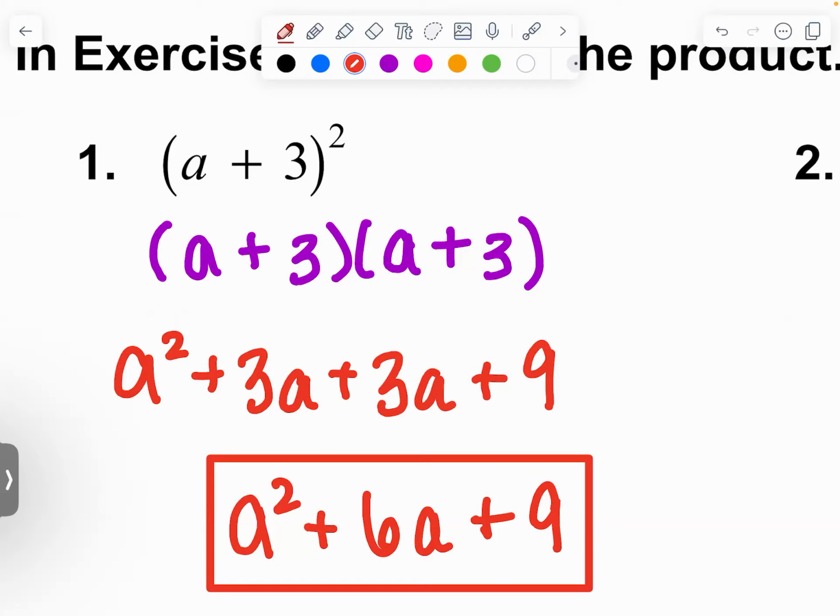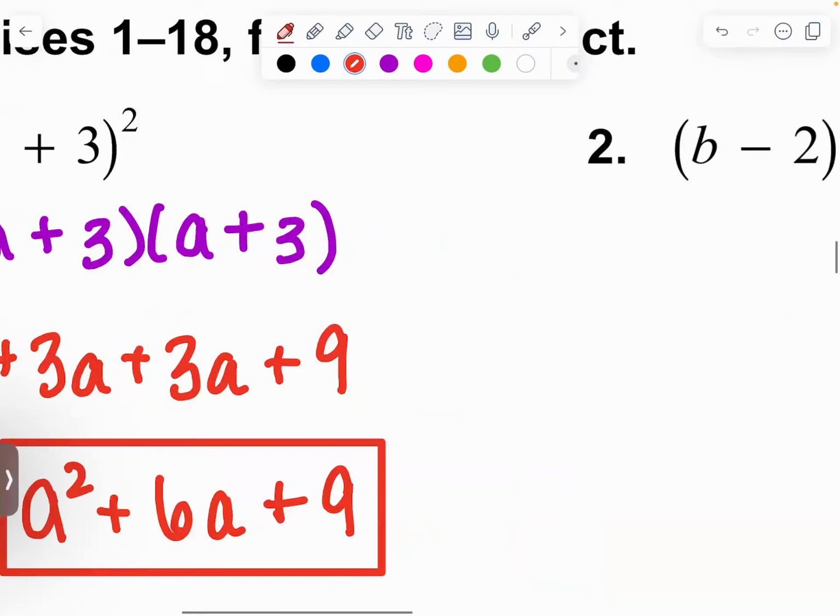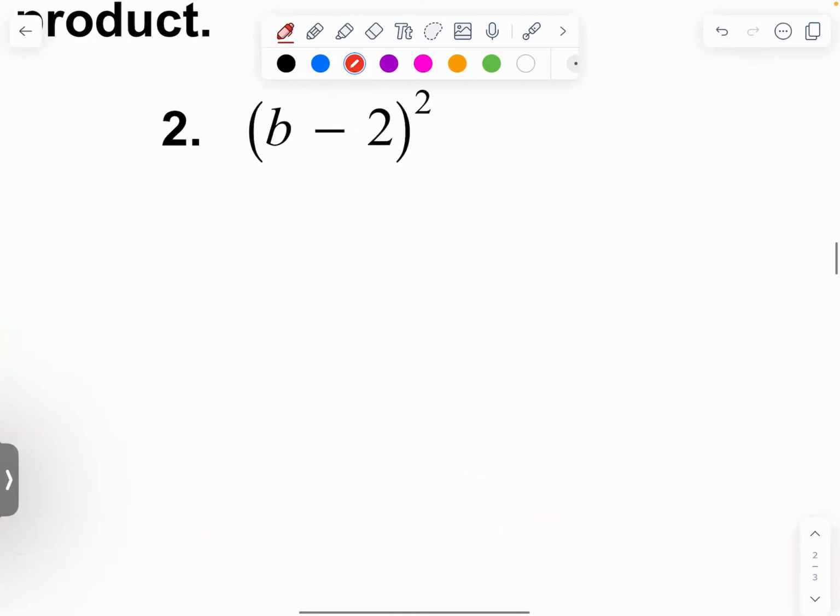Find the product of number 2 for me, please. Do we have to go in that order?